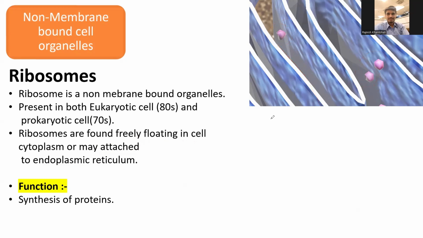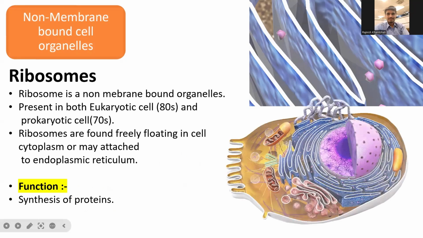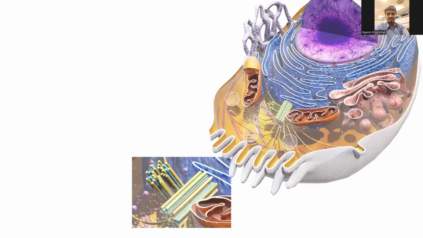So ribosomes can be free floating in the cytoplasm of a cell, or attached to the endoplasmic reticulum, forming RER. The function of the ribosome is to synthesize protein. It will make proteins, that is its main core function. You can see in this picture so many dots, freely floating and attached to the ER.